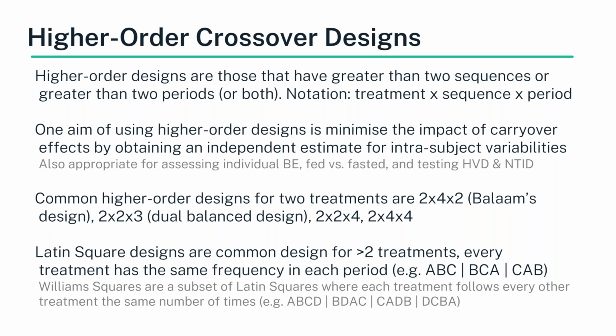In the 2x2 design, each subject only receives each treatment once. But if we add replications to the design, so replications of sequences, the intra-subject variation can be used to estimate both the direct drug effect and also the carryover effect.